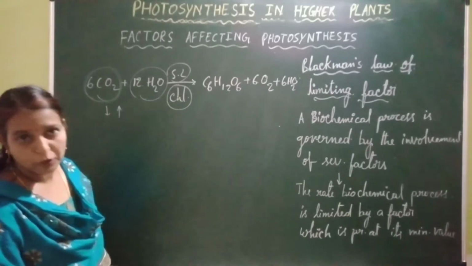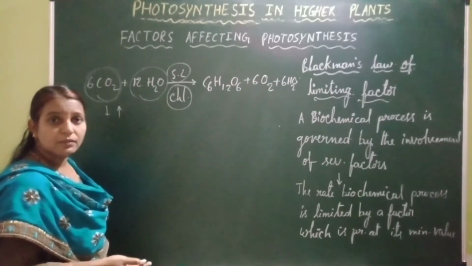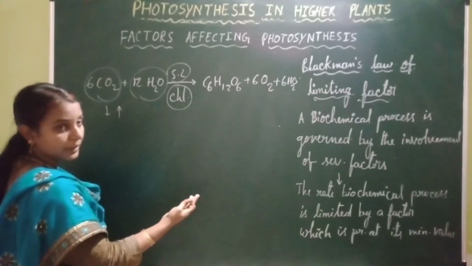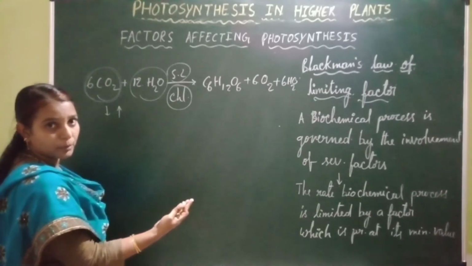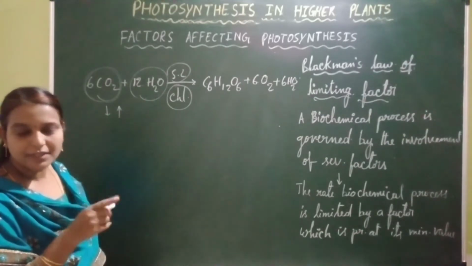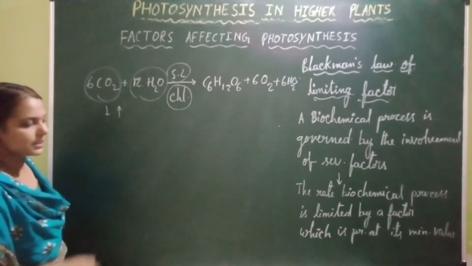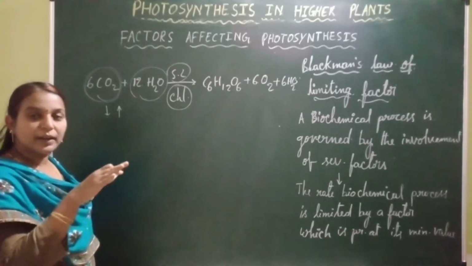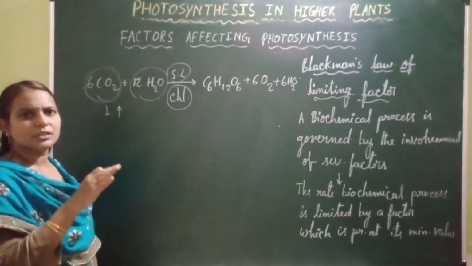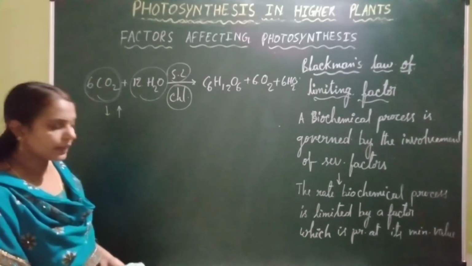It states that when a biochemical process is governed by more than one factor, its rate is limited by the factor which is present at its minimal value, lower concentration. If that factor is provided to the plant, the process can proceed and its rate will be increased.